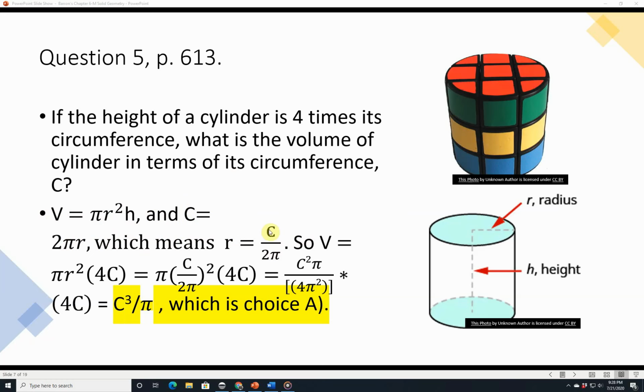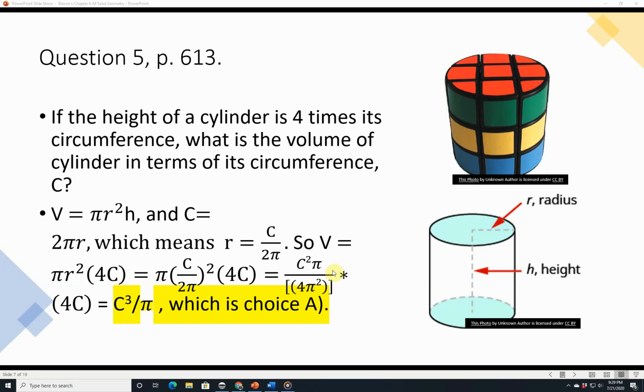Now what we can do is substitute c over 2 pi into this equation here where we see r. So V is going to be equal to pi r squared times 4c, and when we substitute it in, it ends up being pi times c over 2 pi, that whole expression squared, times 4c. Of course, when we square this, we end up with c squared over 4 pi squared. When you multiply that by pi, you end up with c squared pi over 4 pi squared.